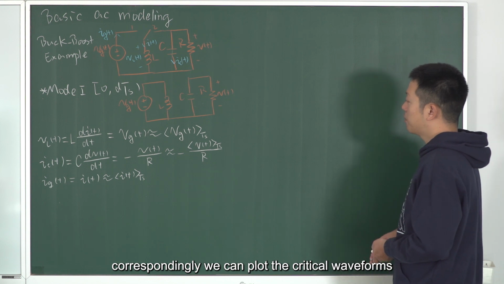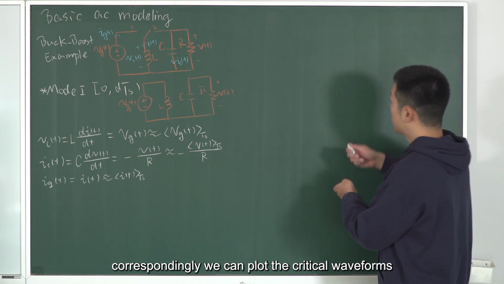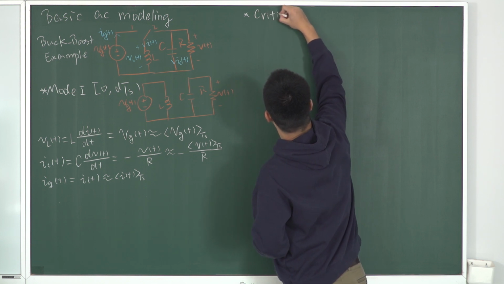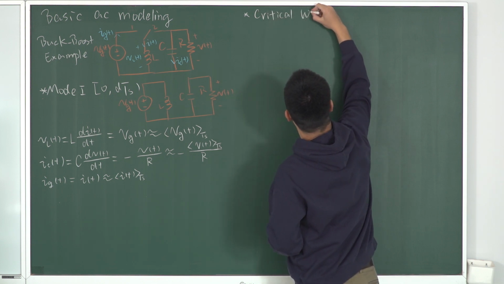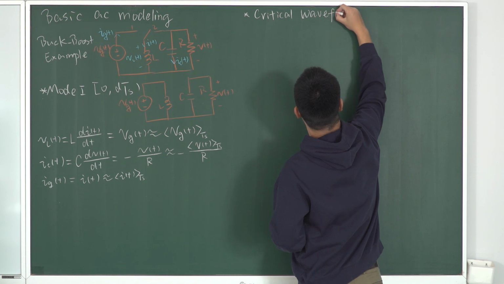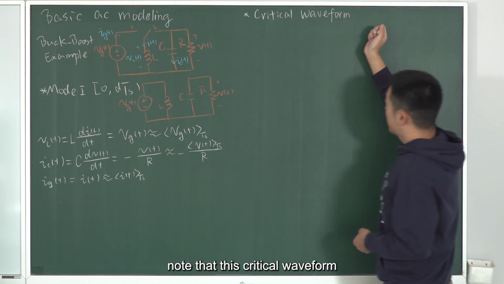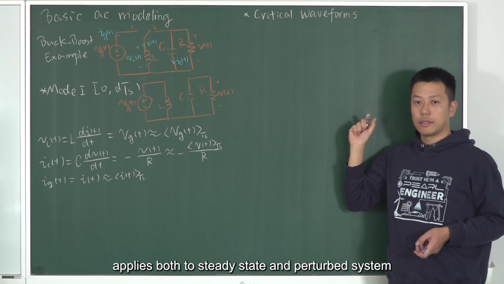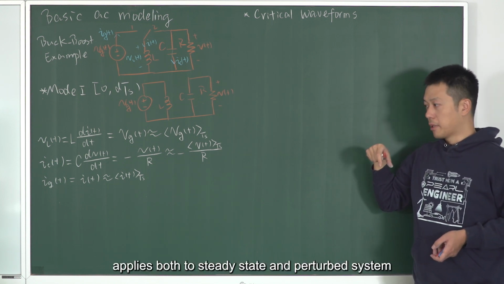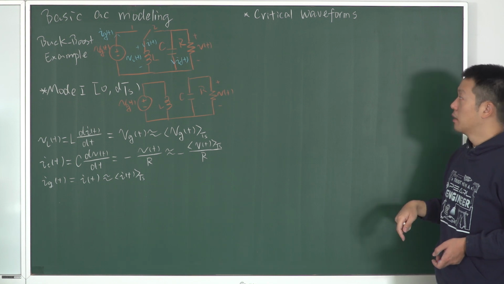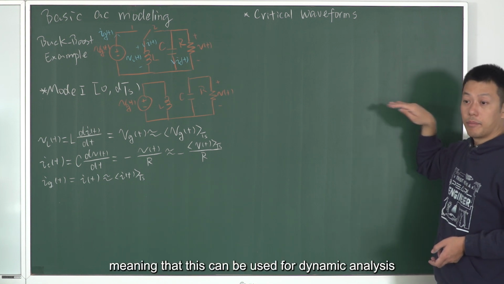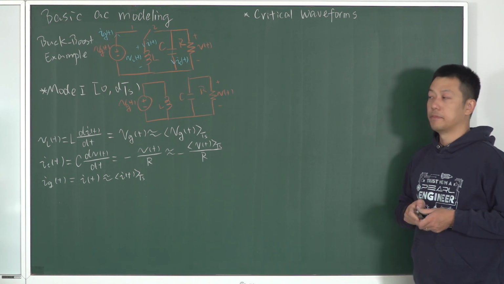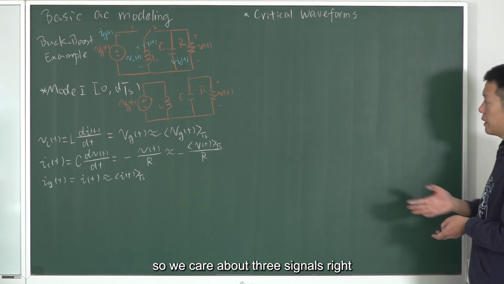Correspondingly, we can plot the critical waveforms. Note that these critical waveforms apply both to the steady state and the perturbed system, meaning that they can be used for dynamic analysis.